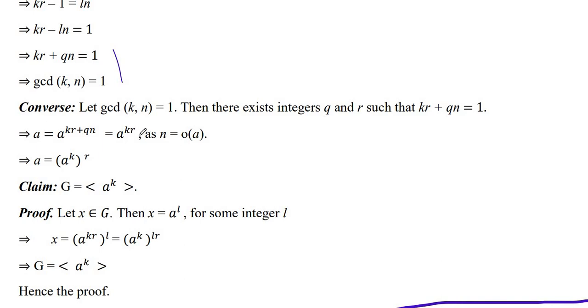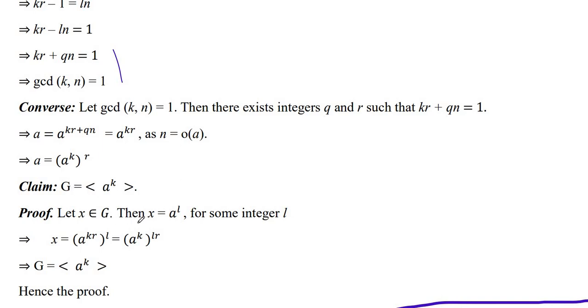So A is written as A power KR. So A is some integral power of A power K. Now we claim that G is generated by this. Any element A, when we consider it, is written as some integral power. So this is also a generator that we need to claim.